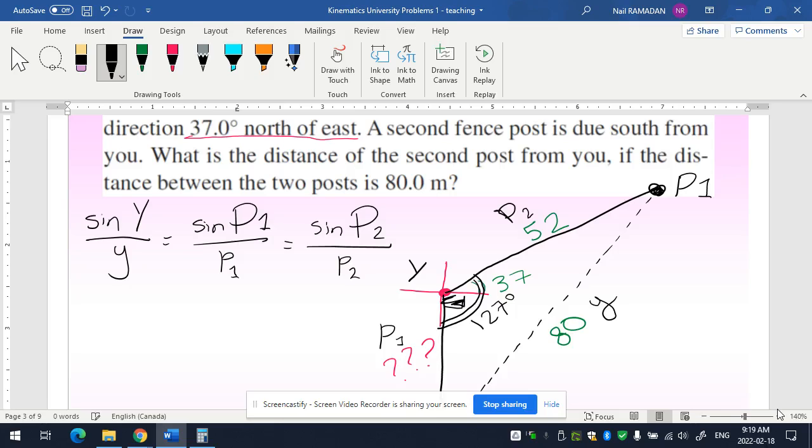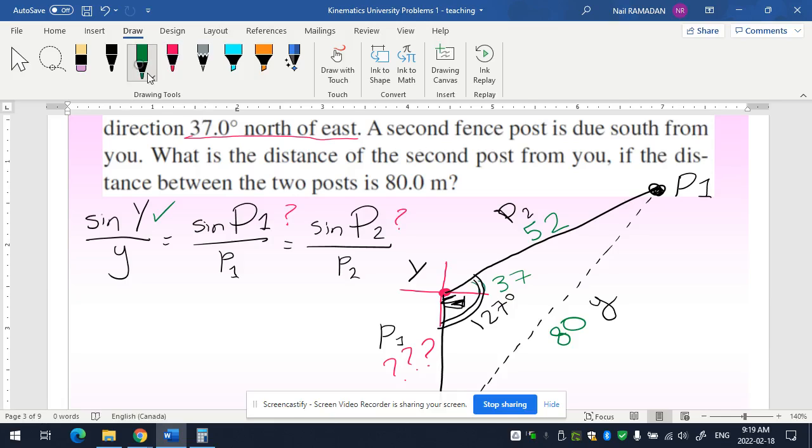All right, you know my style. Let's put the check marks and the question marks over what we know and what we don't. All right, what do we know? Do we know the angle Y? Yes, we do. Check. Do we know angle P1? No. So that's a red question mark. Do we know angle P2? No. Okay.